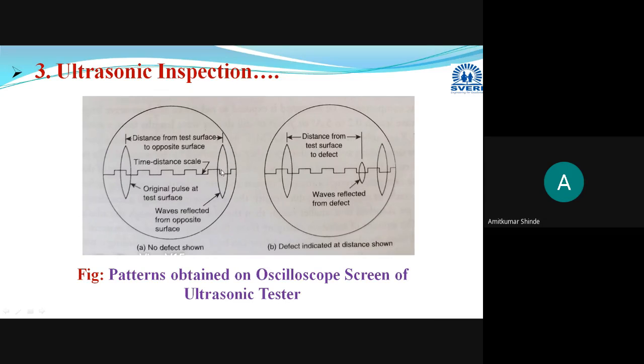For a normal specimen area you will get this kind of pattern, and whenever there is a defect, a small pattern or small pip is obtained. The distance is located by calculating the time required.